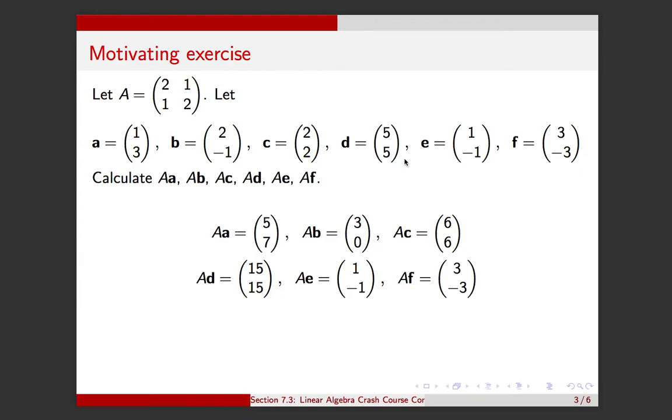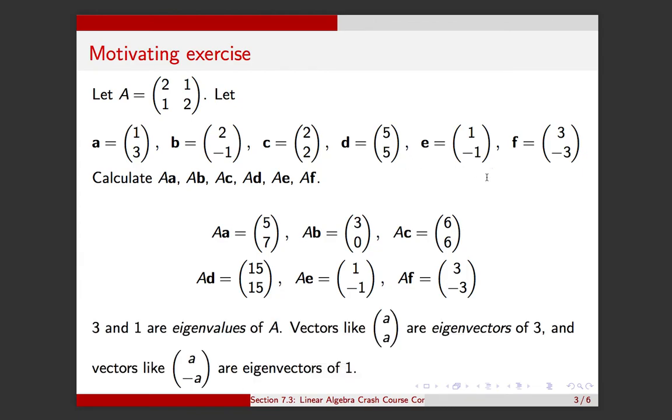Scale factor of 3. Okay, so after all that discussion, these scale factors I discussed, you can scale vectors by 3, scale them by 1. Those are called eigenvalues. Vectors like 2, 2, 3, 3, 4, 4, 4.5, 4.5, 8.5, 8.5, whatever, right? Vectors that look like this, same number down below. Those are called eigenvectors of 3.